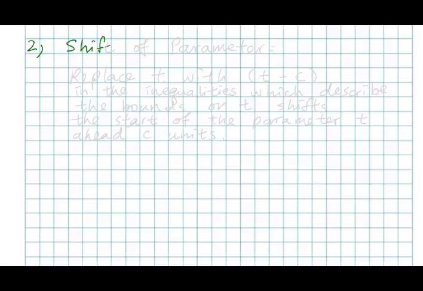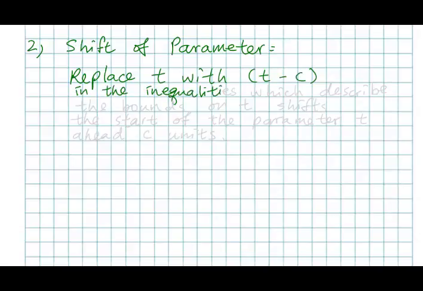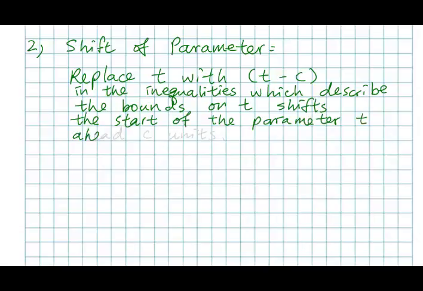Pattern number 2, shift of parameter. We replace t with t minus c in the inequalities which describe the bounds on t. This shifts the start of the parameter t ahead c units.